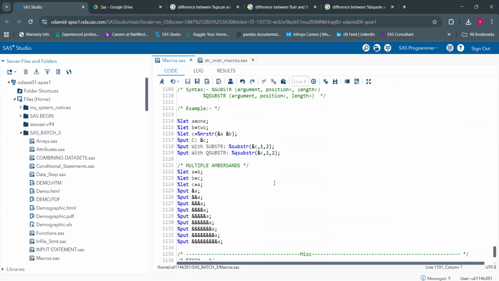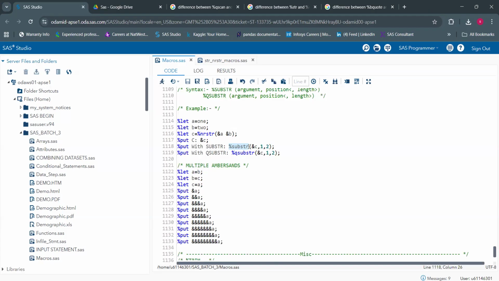It's up to you. But if we use Q scan, Q substring, we don't get errors. These are to be used only during macros itself, ma'am. I'm not speaking about the general scan. Here in this session only, we can use Q scan or Q substring instead of percentage scan and substring.